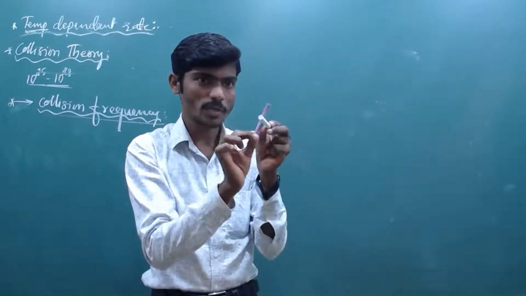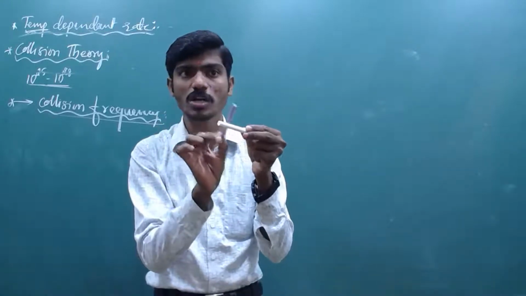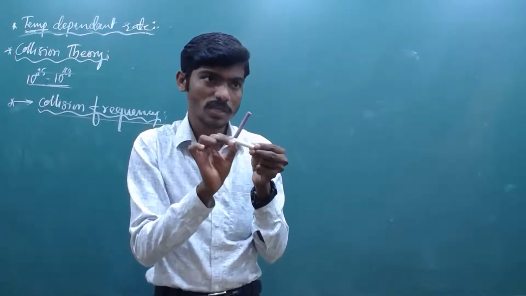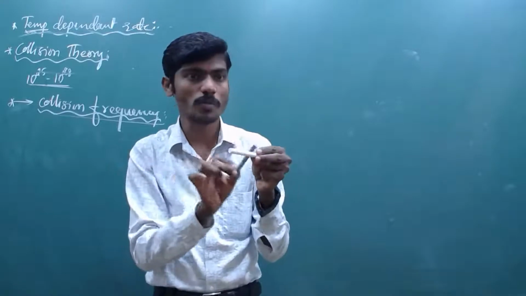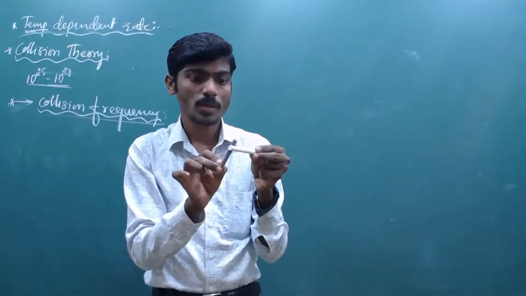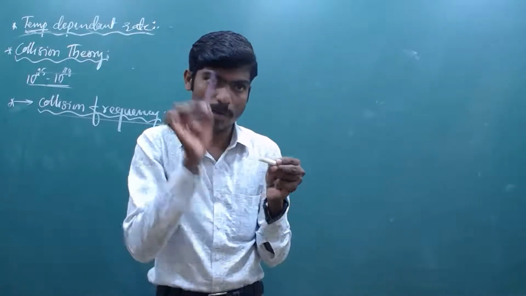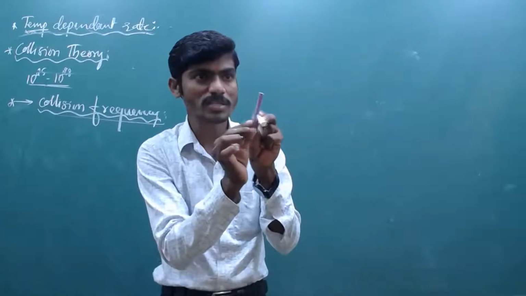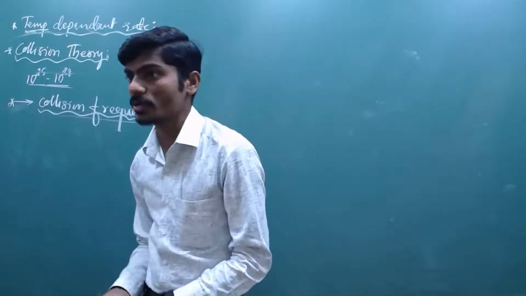Yes, two molecules are colliding with each other, but the older bonds are not broken. So the number of collisions increases, even though the reaction is not producing any product, because the older bonds are not broken. The number of collisions taking place per unit volume per second is called collision frequency. So collision frequency increases, collisions are more, but it does not produce the product.